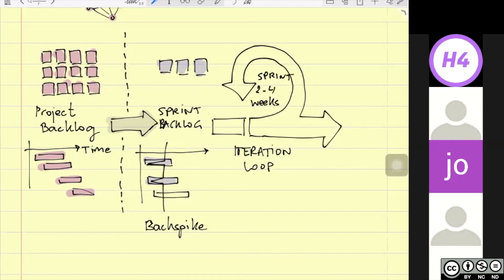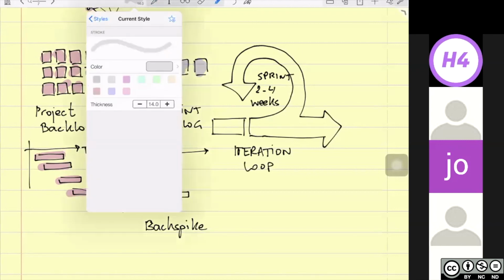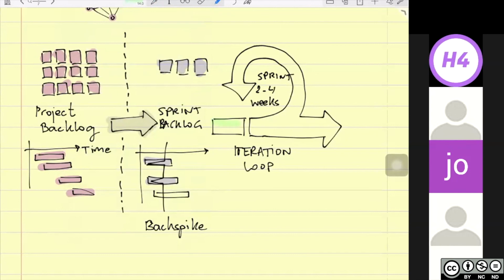And it's actually what the people in the project are working on, okay? So these are the activities that the people in the project are working on. They're spending their time basically on this sprint loop all the time. They're focusing on the important and most pressing stuff all the time.